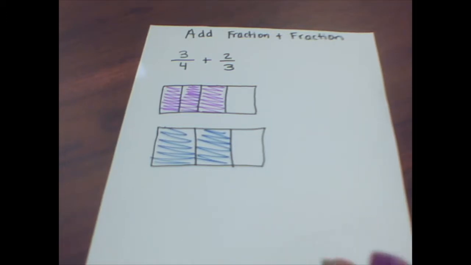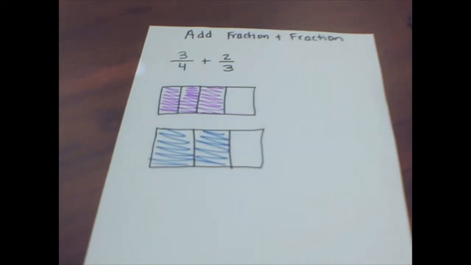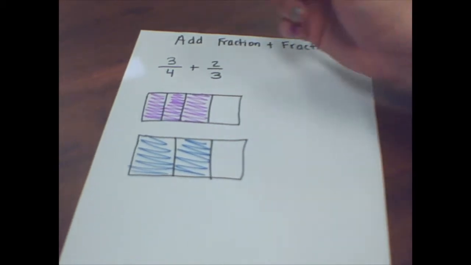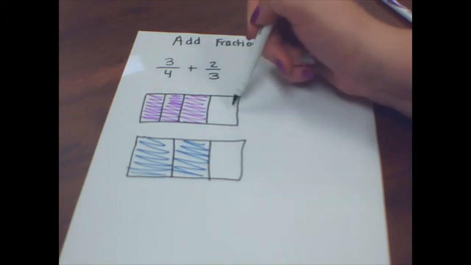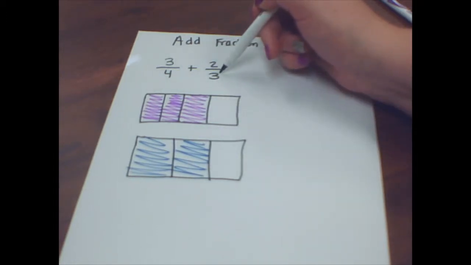Now, in order to actually successfully add these fractions, I have to get these denominators the same, okay? So in this part, I already split this 4 ways, right? 1, 2, 3, 4. I'm now going to split it 3 ways by the opposite denominator.